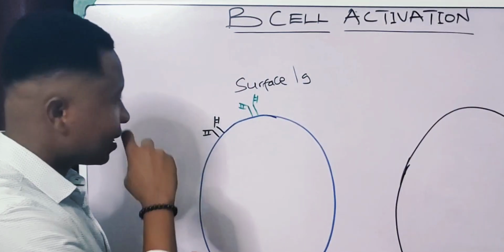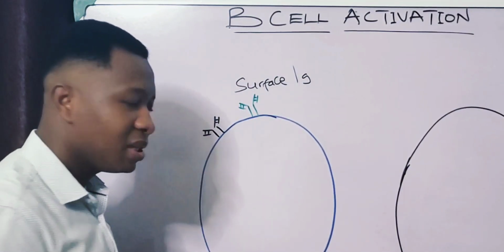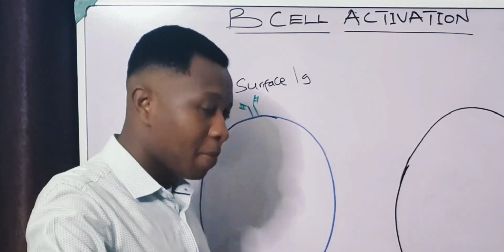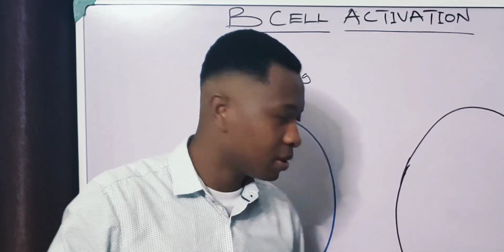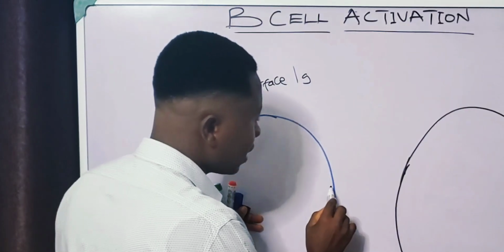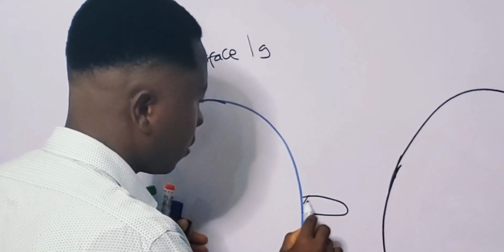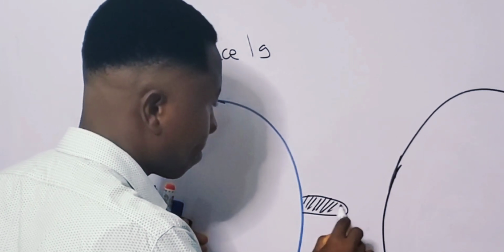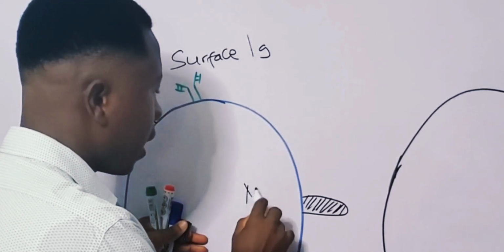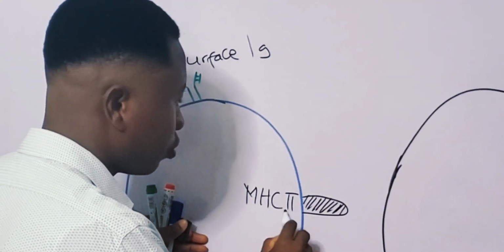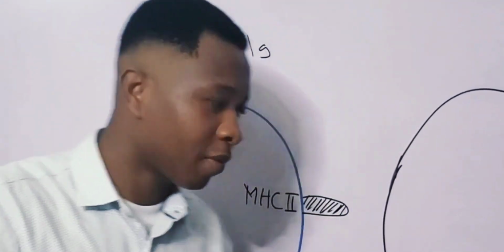All right, having said that, the next molecule that we can find on the B cell is what we call the major histocompatibility complex. So let's assume this is the major histocompatibility complex. So MHC class 2.